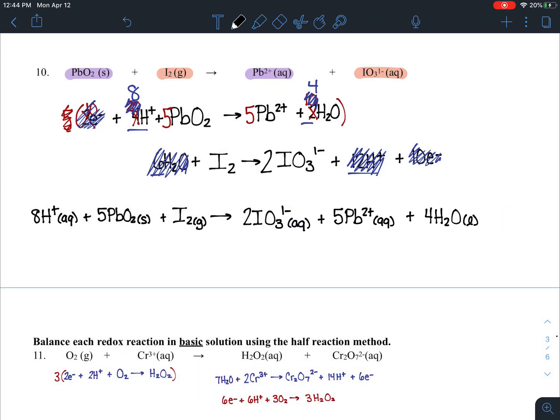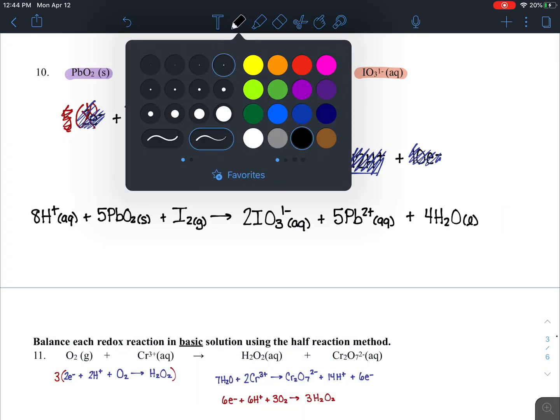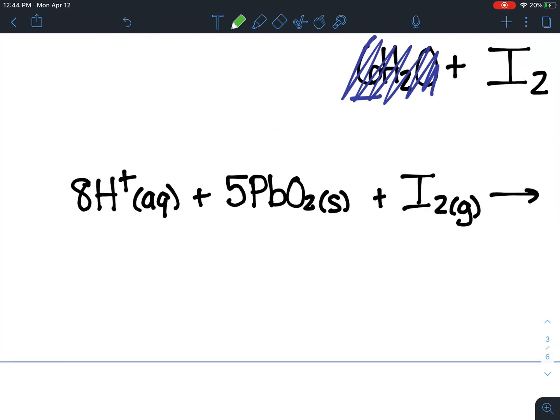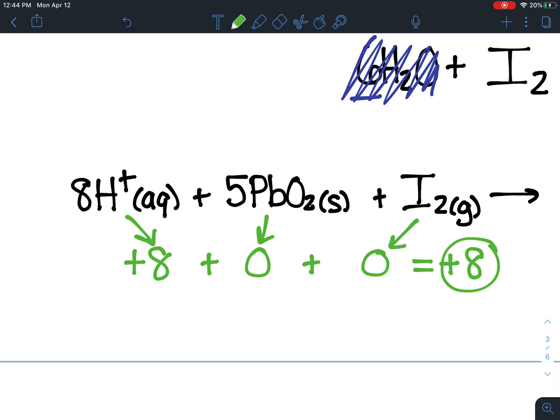Again, we'll go back and double check charges and make sure that those all worked out for us. So we get a positive 8 here, plus a 0, plus a 0, coming from there, and there, and there. And that's going to give us a positive 8 on this side.